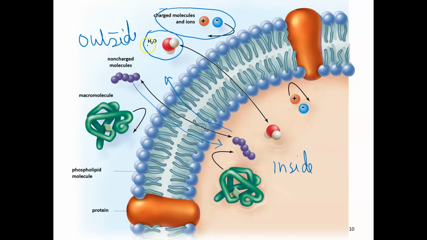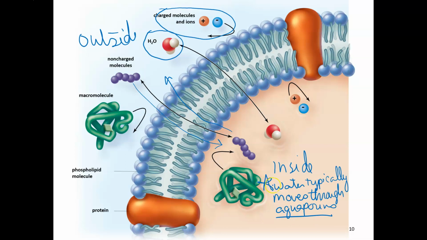I'll write it here: water typically moves through aquaporins. That's normally how water is going to move, but, and I'm going to put a little star by it, it can move through the plasma membrane.